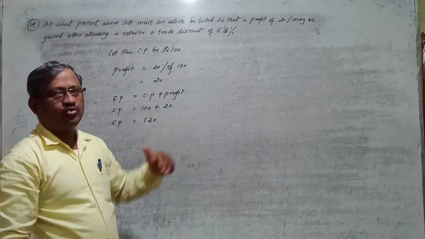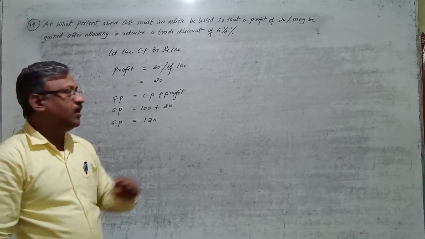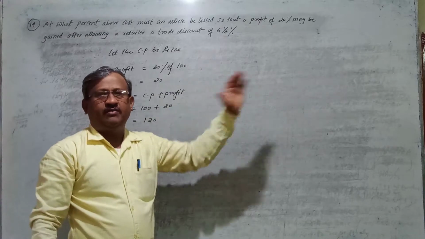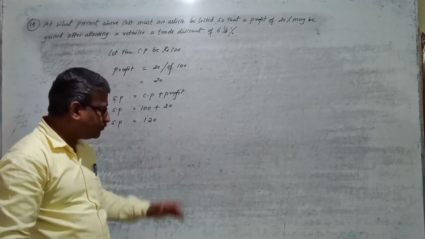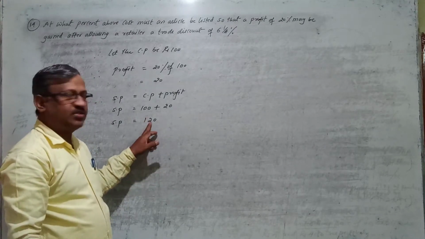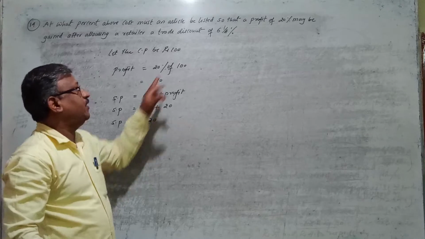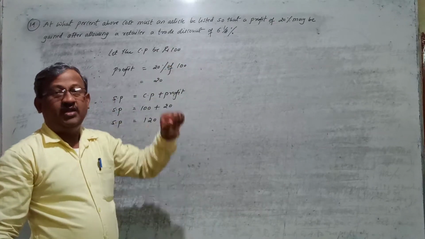So for that, to avoid the bargaining and to gain a suitable profit, the seller himself gives the discount to his customer on his list price. So this is his selling price, right? Means he wants to sell at 120 after giving 6 and 1/4% discount on his list price.